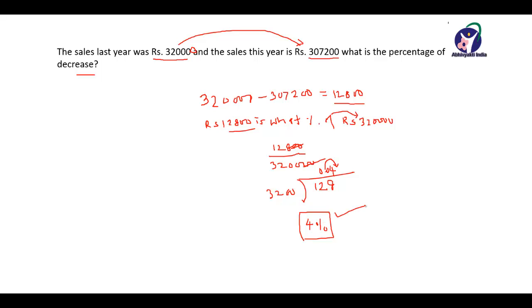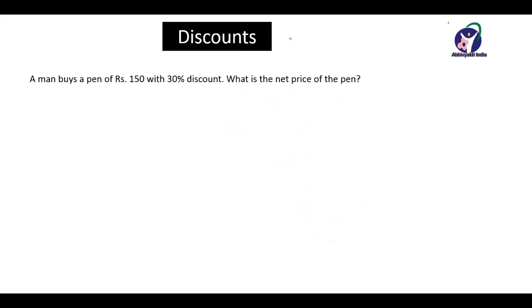The same methods can be applied for discounts. Suppose a man buys a pen of rupees 150 with 30% discount. What is the net price of the pen? Now how do we solve?